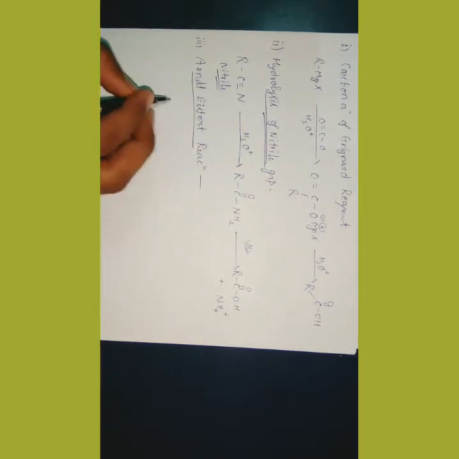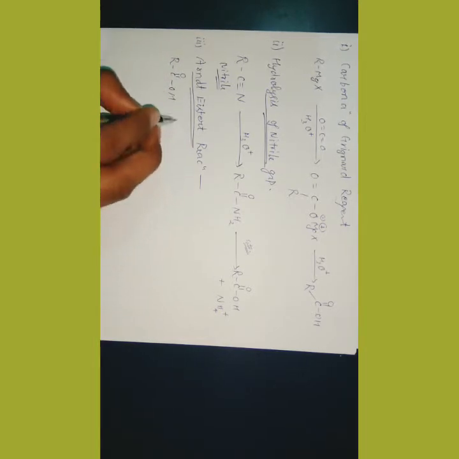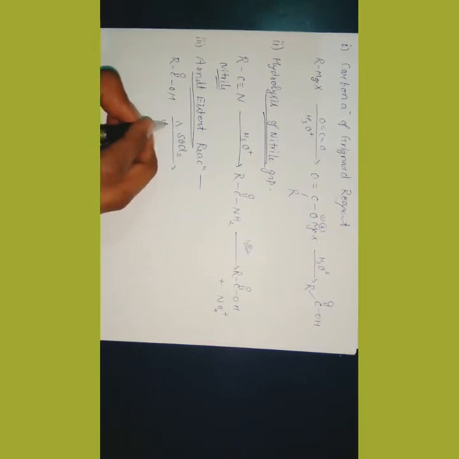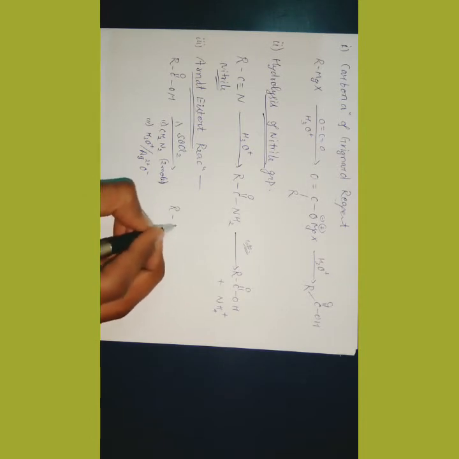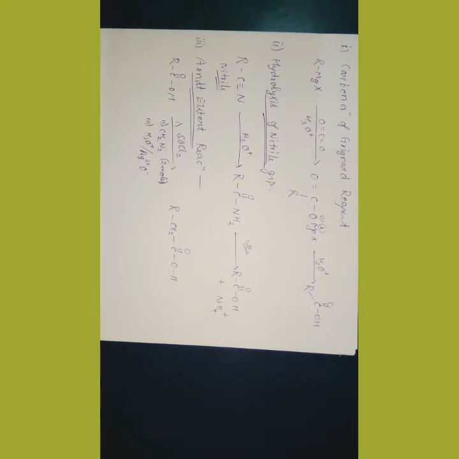In the Arndt-Eistert reaction, we take a carboxylic acid and treat it with SOCl2, then CH2N2, 2 moles required in this reaction, and in the last we treat the compound with H3O plus, or we can also hydrolyze it in the presence of Ag2O, and it will give the homologated acid, R-CH2-COOH. This is the Arndt-Eistert reaction.